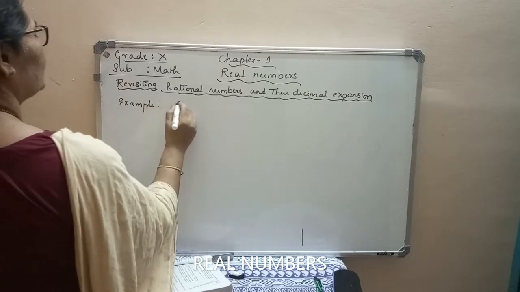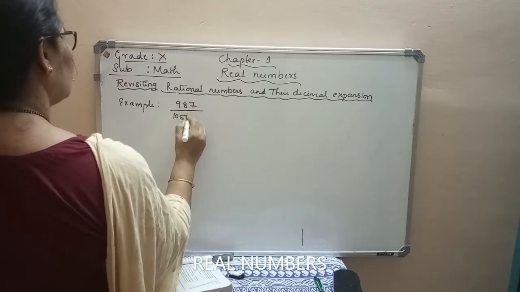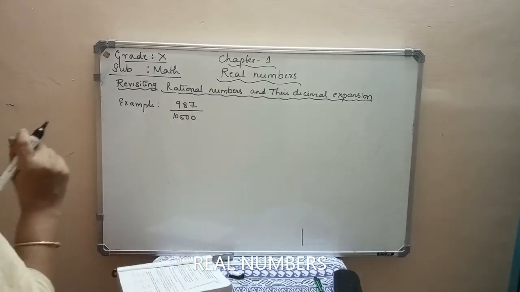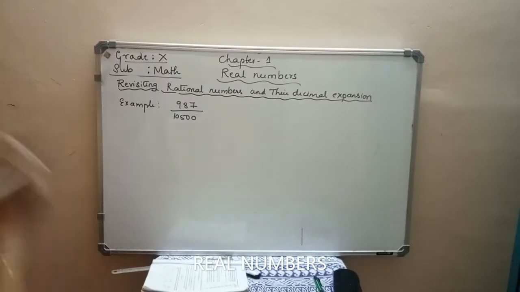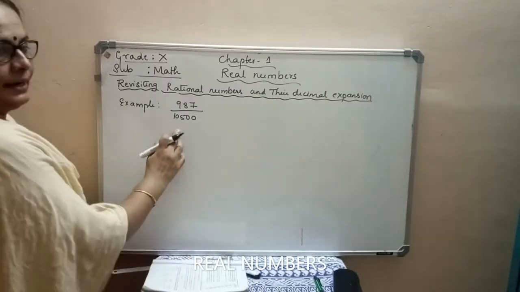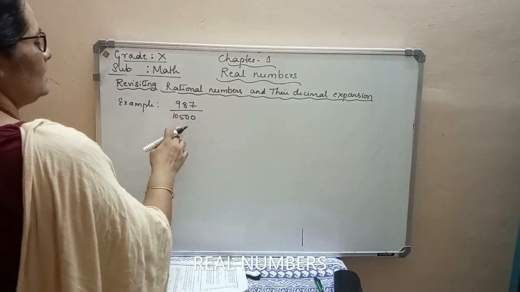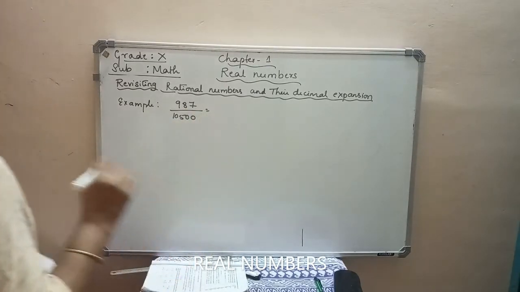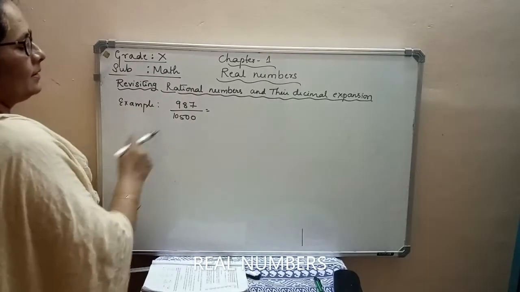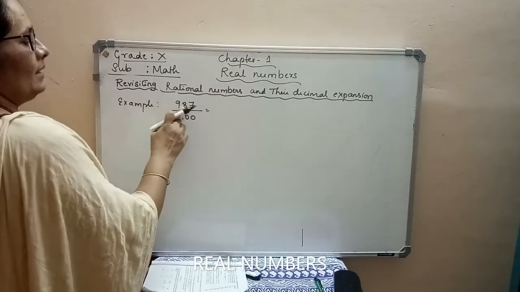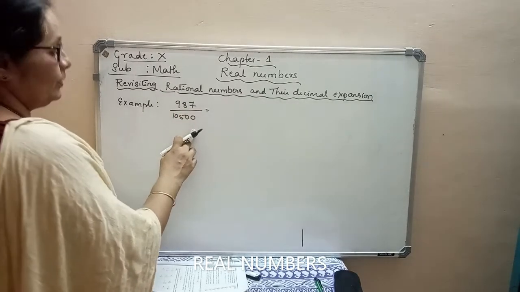987 divided by 10,500. Now first we'll simplify this. Which number is it divisible by? This is divisible by 3 on both sides.